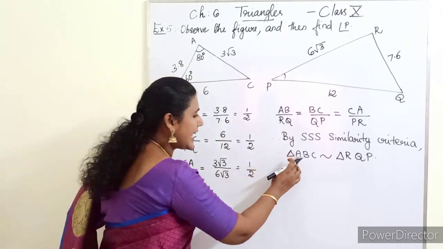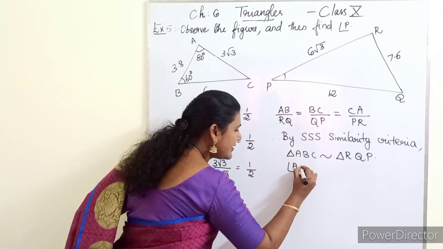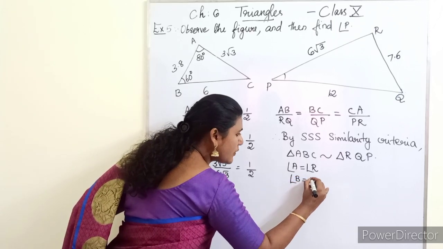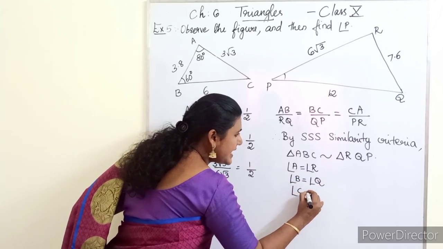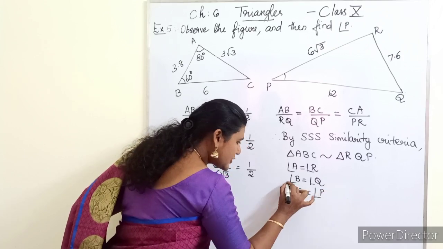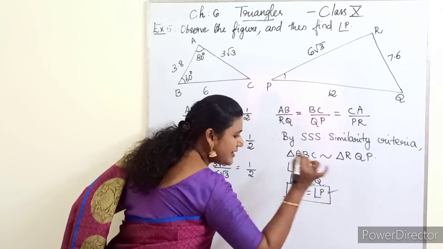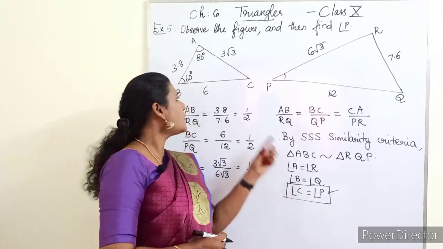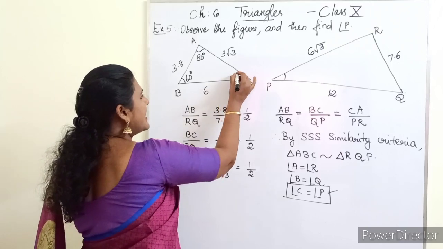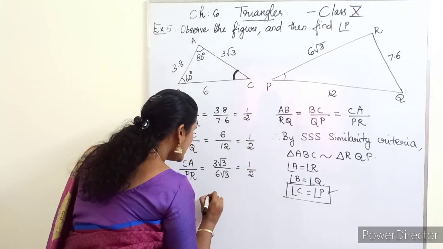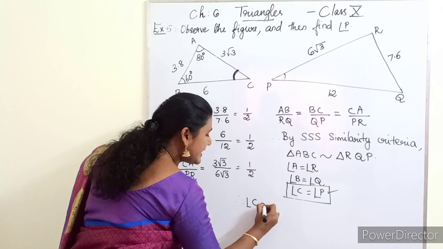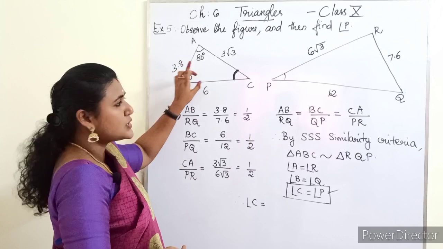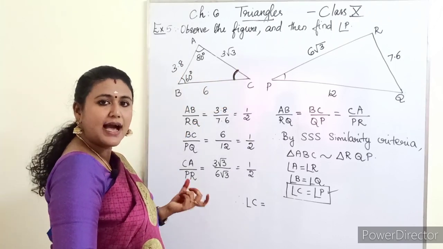So angle A is equal to angle R, angle B is equal to angle Q, and angle C is equal to angle P. Actually we have to find the angle P value, so for finding angle P, we can find angle C. In the first triangle, angle C is not given, but we can find angle C using the angle sum property, because the other two angles are given.